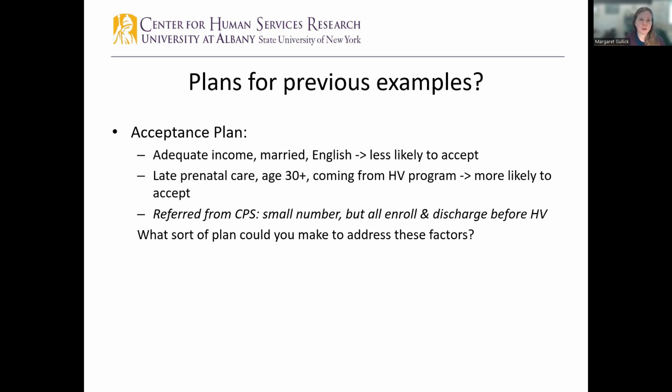And then we had that referred from CPS, a small number, but they all enrolled and discharged before a home visit. What sort of plan could you make that would address at least some of these factors? It doesn't have to be all of them, but these are the factors you've identified. What seems to be the biggest one? How would you make a plan that would address it, that would then in the future increase your acceptance rate?